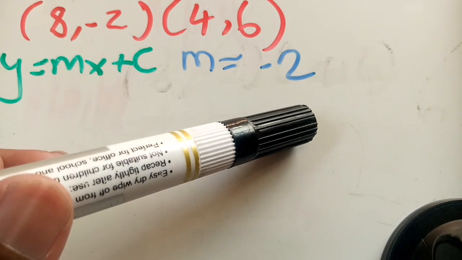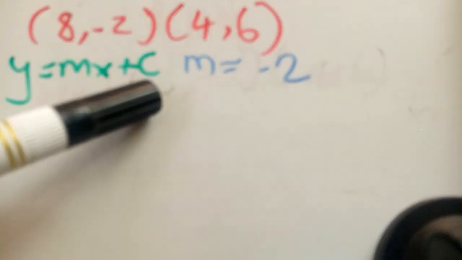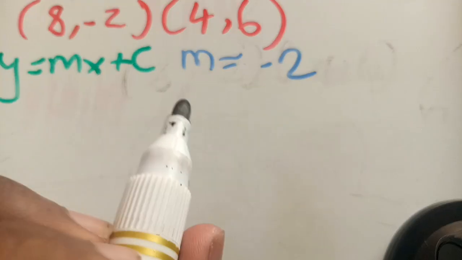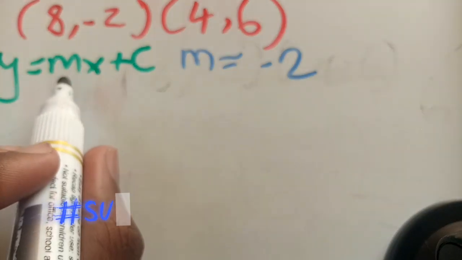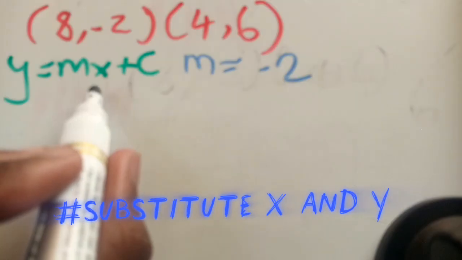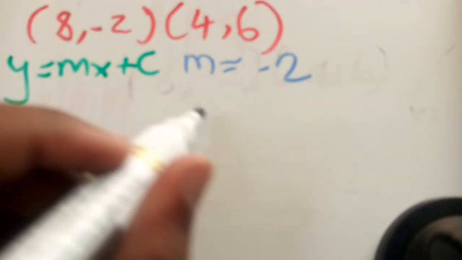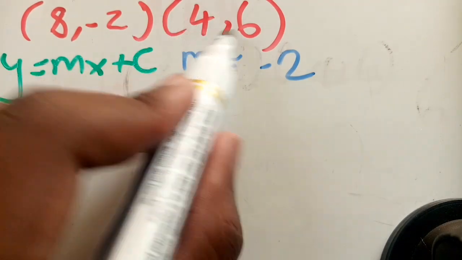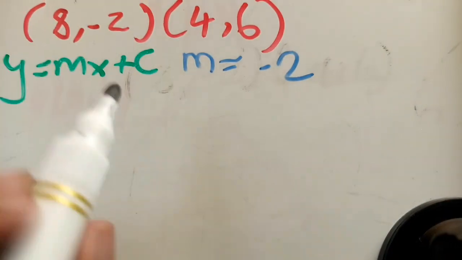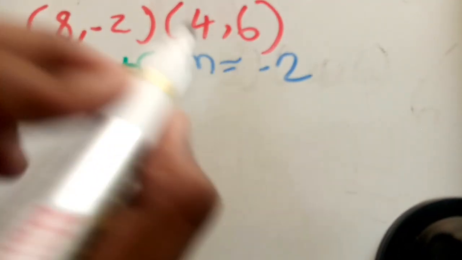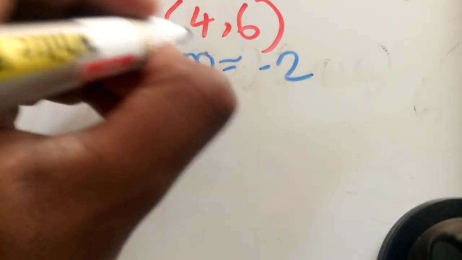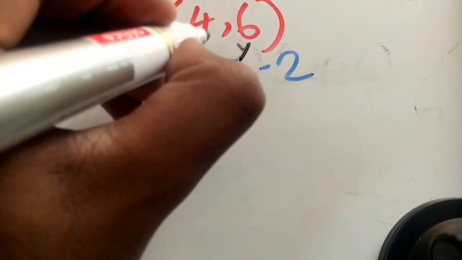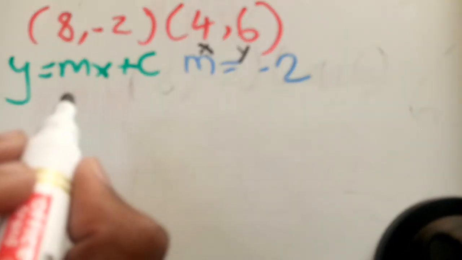Now what we do is find the value of c. When we're finding the value of c, we have to substitute the m which we found, and y and x. y and x are just simply the coordinates on the Cartesian plane, so we can pick any of these two. Let's pick 4, 6. In 4, 6, 4 is x and 6 is y. Now we substitute that into this equation.